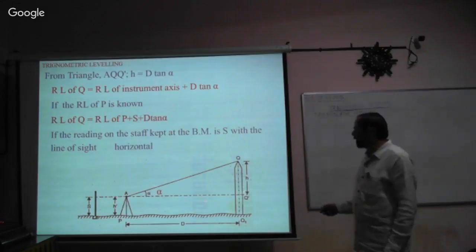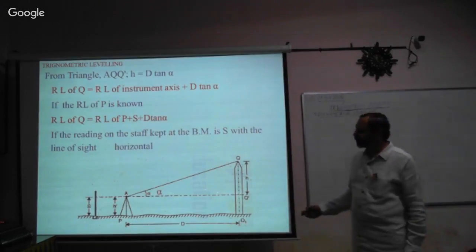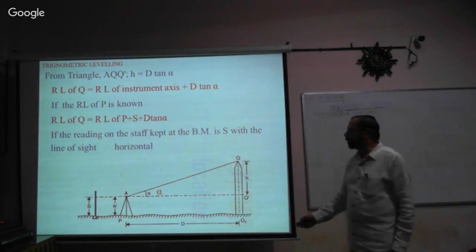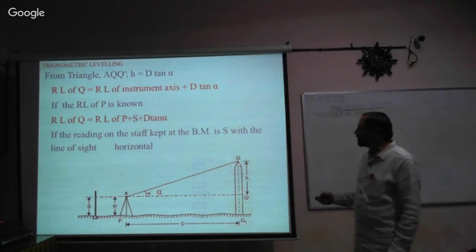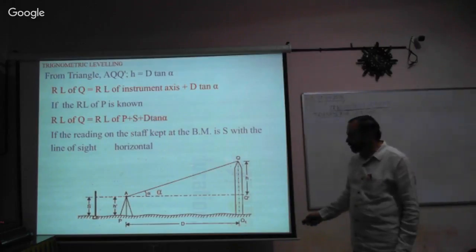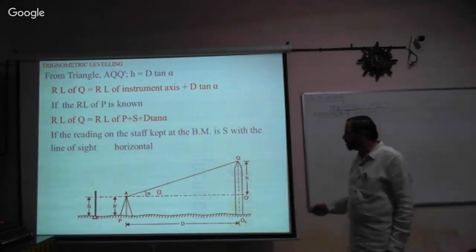When this height is calculated above the instrument axis, and this is the staff reading taken when the line of sight is horizontal above the benchmark, the elevation of this object, elevation of Q, is equal to the value of the benchmark plus instrument staff reading plus h.